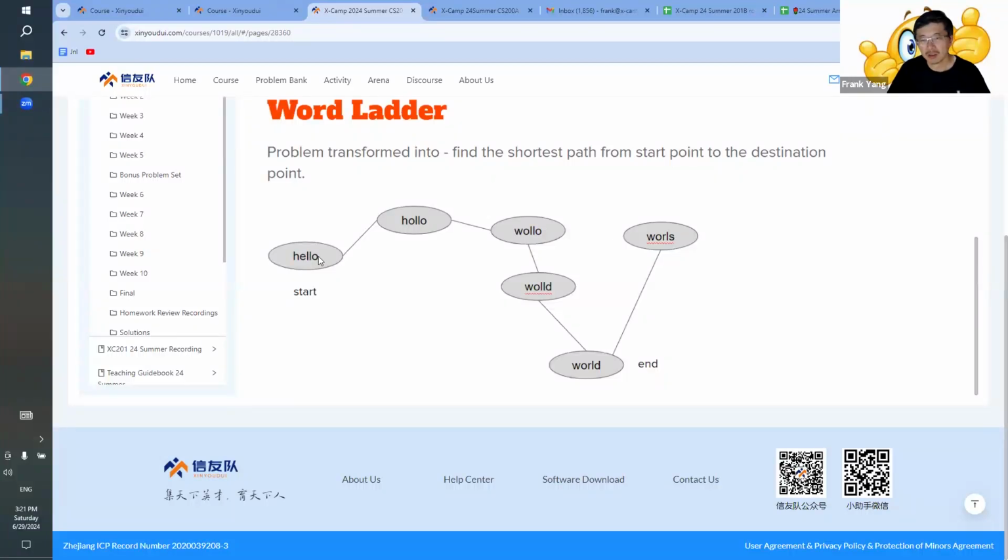So for this dictionary, every single time you can only change one character. If you want to change hello to a word, how many switches do you have to make, right? This is the kind of problem that we're going to introduce. This is not a very easy problem if you think about it, right? If you're not only having 6 words, if you have 6,000 words, how do you solve this problem?